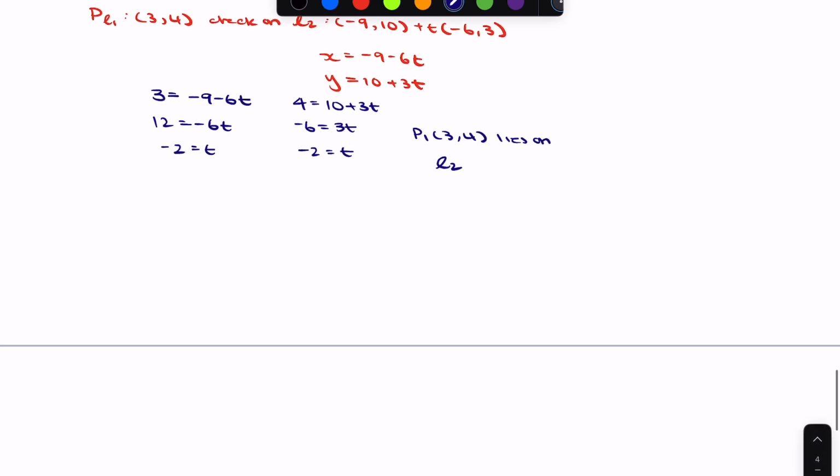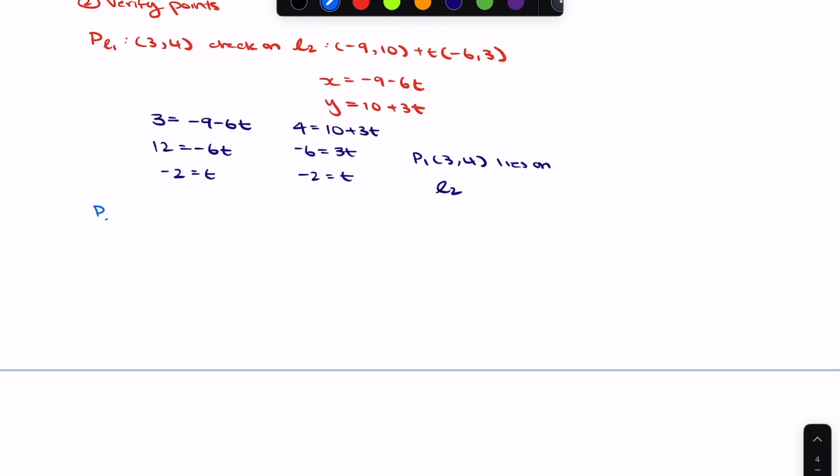And so now we just have to check the last thing here. So our point on line 2, which was -9 and 10, we need to check on line 1 to see if it lies there as well. So here we have line 1, which was 3, 4 plus s 2 and -1.